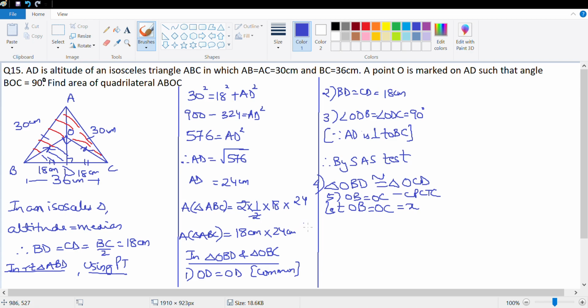So I can use Pythagoras theorem to calculate the value of X. Or maybe I can use the area of an isosceles triangle. Let's use Pythagoras theorem. So using Pythagoras theorem, x square plus x square is equal to 36 square, which means 2x square is equal to 36 square.